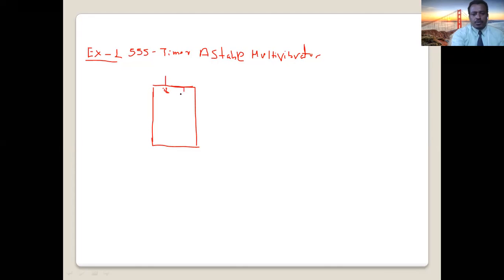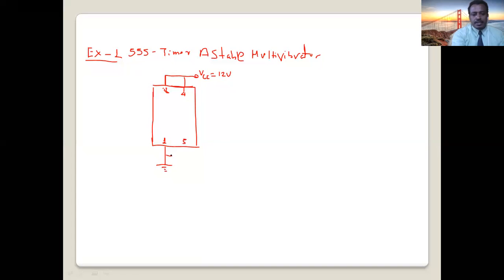Pin number 4 also connected to VCC, the reset pin, goes to the DC power supply VCC. So let's apply 12 volts here. Okay, pin number 1 is what? Pin number 1 is connected to ground. Pin number 5, we are not using pin number 5.